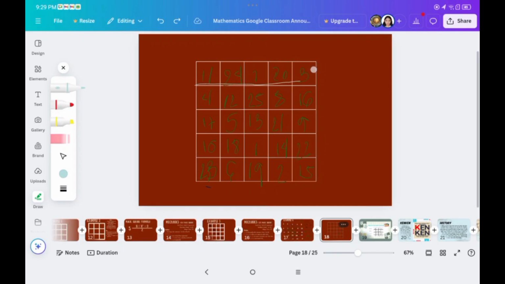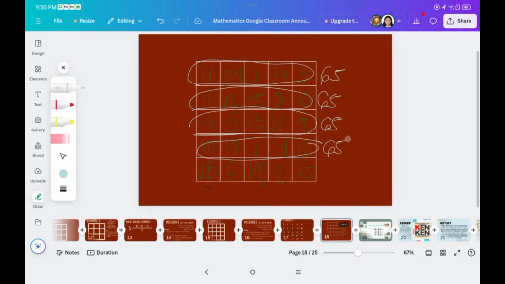Plus 24 plus 7 plus 20 plus 3 is equal 65. 4 plus 12 plus 25 plus 8 is equal 65. 17 plus 13, 21, and 9 is equal 65. 10 plus 18 plus 1 plus 14 plus 22 is equal 65. Itong 23, 6, 19, 2, 15 is equal 65.